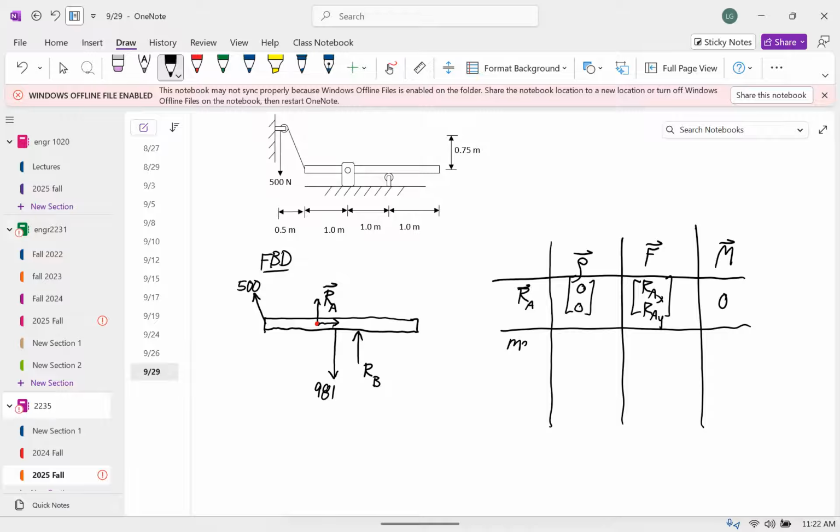Then I'll do the weight force. The rho vector is in the positive x direction, 0.5, so we got 0.5, 0. The force vector is 0, negative 981. Cross product is negative 490.5.